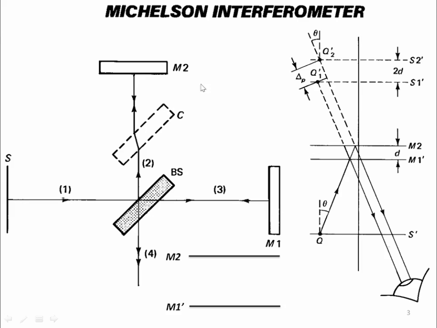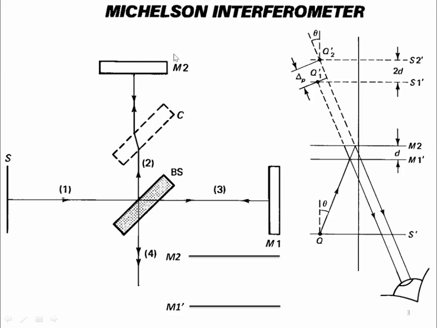There is one more thing which I forgot to tell you: one of the mirrors is usually fixed in a Michelson interferometer, say this one, and the other is provided with some arrangement by which it can move in a direction perpendicular to the beam.